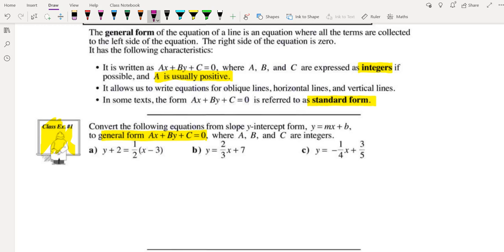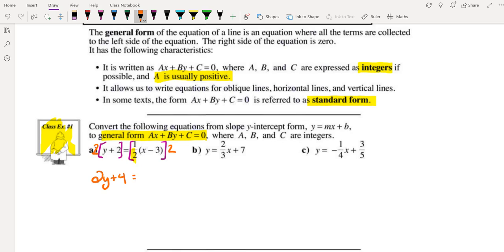To remove the fraction, we're going to multiply each side by the common denominator. Here we have 2 in the denominator. So we're going to multiply both sides by 2. Remember, what you do to one side, you have to do to the other side. So if you multiply the left side by 2, we end up with 2y plus 4.